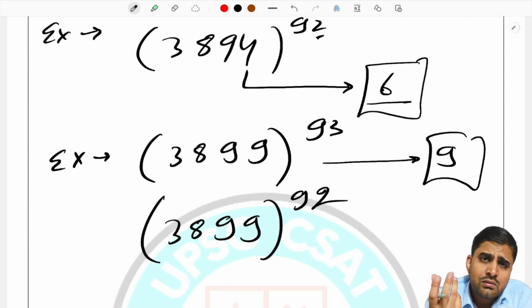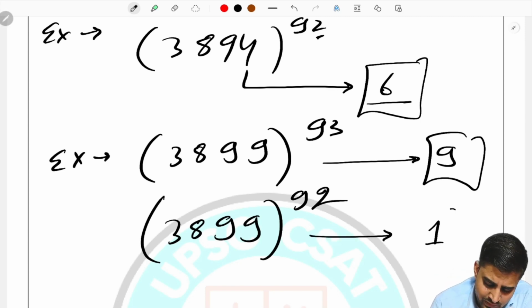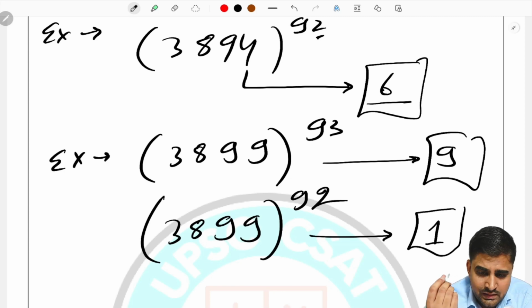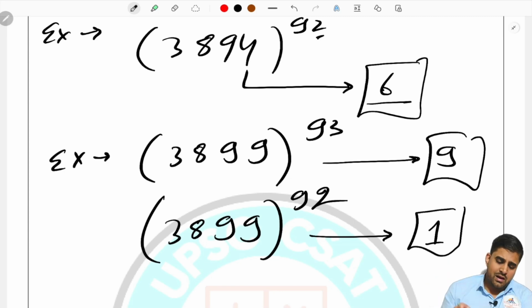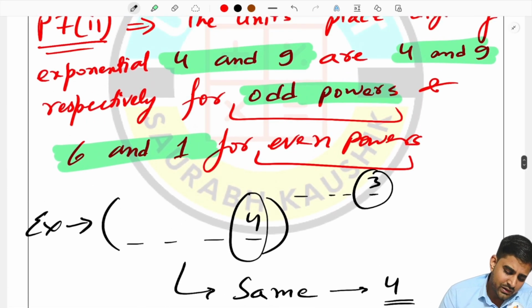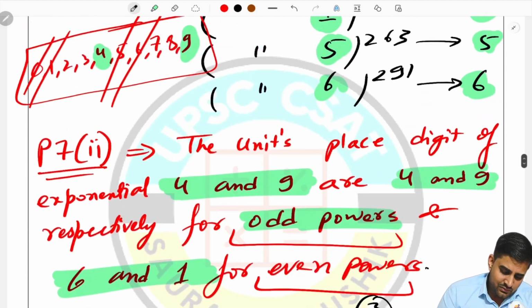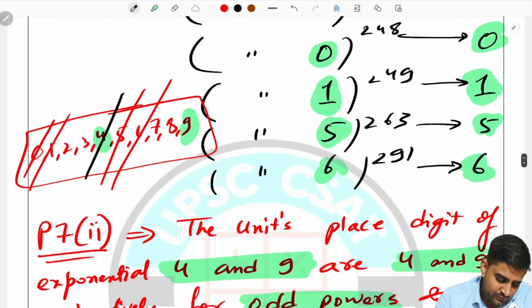How do you make it full? Whatever it lacks, give them. To make 9 full, we need 1. Give that poor number a 1. Then the unit digit will be 1. That's the basic concept required. I hope you understand this. It's a good concept, a bit tricky, but it's not that you cannot remember or learn it. It can be easily learned. So we have covered 4 and 9 also.